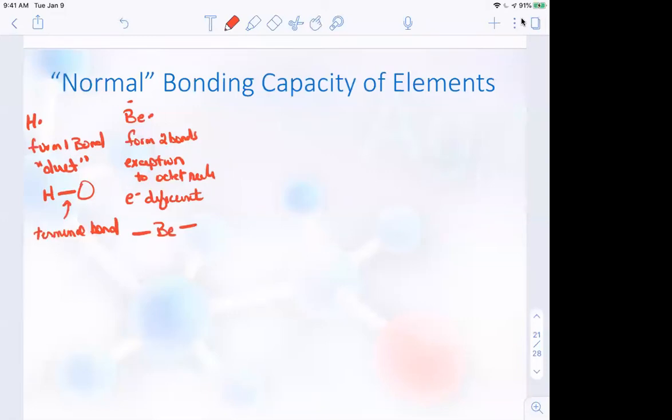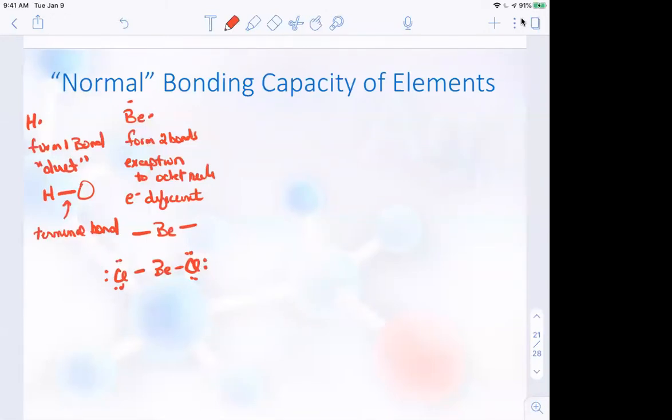So I might have BeCl2, where I'm going to have something that looks like this. And if this is a covalent bond, this is going to be a linear structure. We're going to talk about VSEPR geometry later.